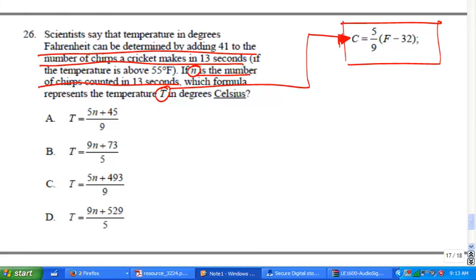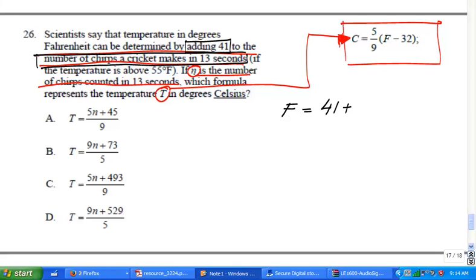So from these two statements, I can say that the temperature in Fahrenheit, and I will use F for that, could be found by adding 41, right? Adding 41, you may say 41 plus. Adding 41 to what? To the number of chirps a cricket makes in 13 seconds.